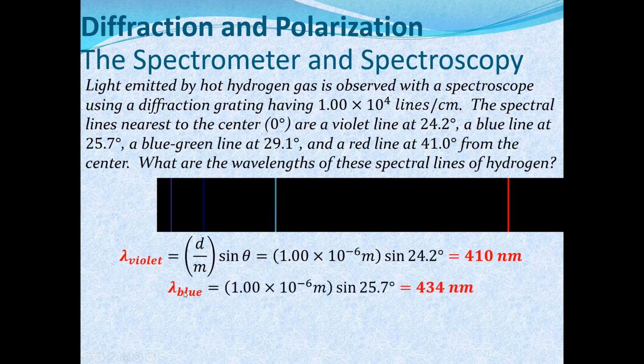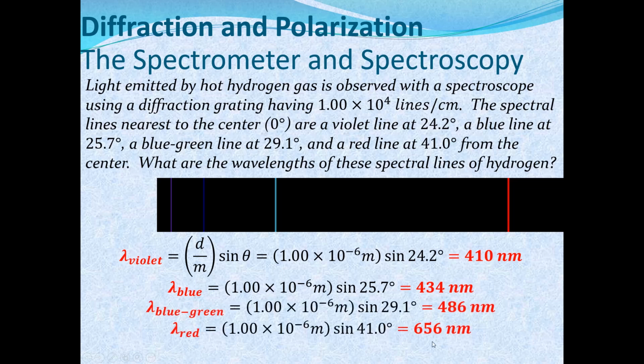For the next ones, we end up getting 434 nanometers, 486 nanometers, and then 656 nanometers. All these wavelengths do seem to make sense. Remember, violet to blue is around 400, while red is close to 700. So these wavelengths do seem to make sense with what we would expect. All right.